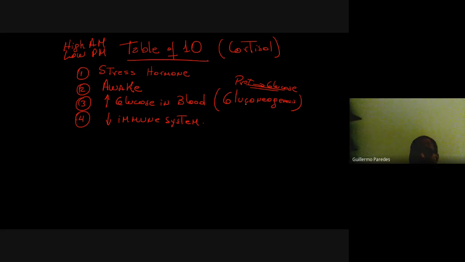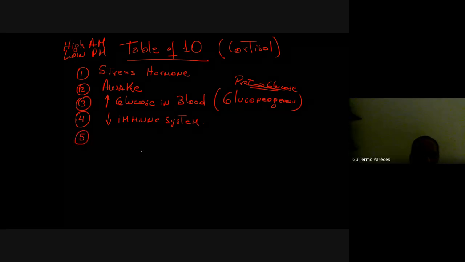What is cortisol doing? It's going to decrease the immune system. The white cells are going to be totally dumb, like a drunk. They are not going to respond. That's why people with stress have the tendency to get sick more often than others.